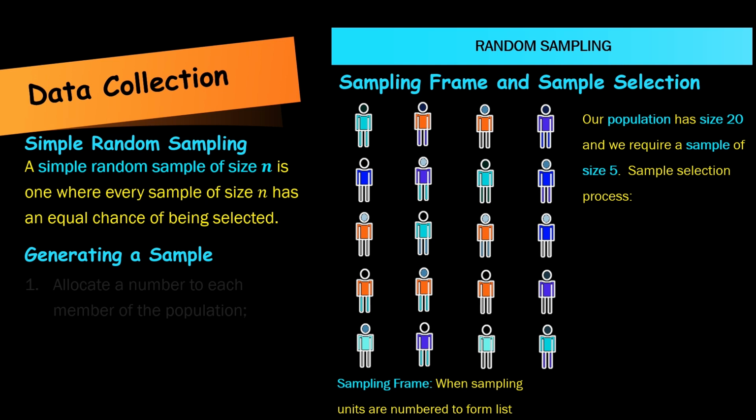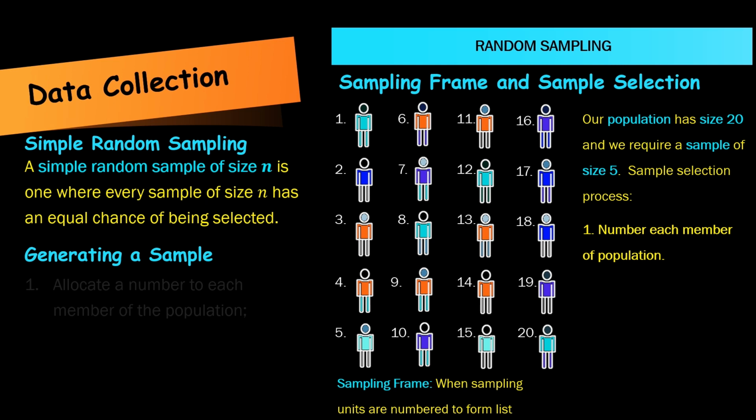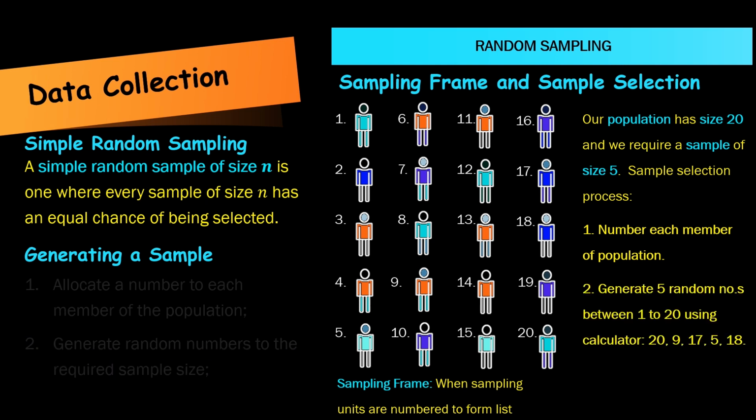This is the process that we're going to use. First, number each member of the population, as shown. Next, generate random numbers to the required sample size. So in this example, we could generate 5 random numbers between 1 to 20 using our calculator.